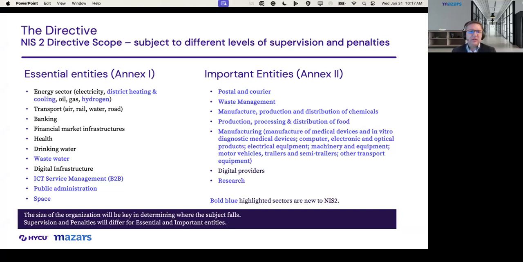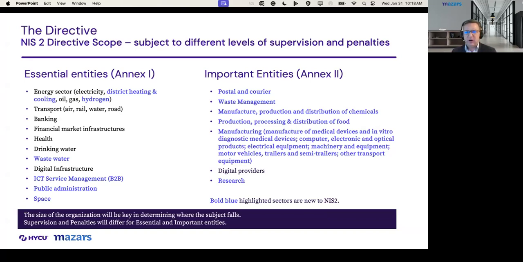And then, as I mentioned, there's essential entities and important entities. The important thing to distinguish here is not just which segment they are in, but what it will entail, that they will most likely have different levels of supervision and penalties. The government agencies like to talk about ex post and ex ante, meaning that the essential entities are going to be constantly reviewed.